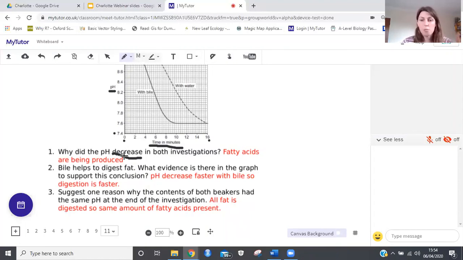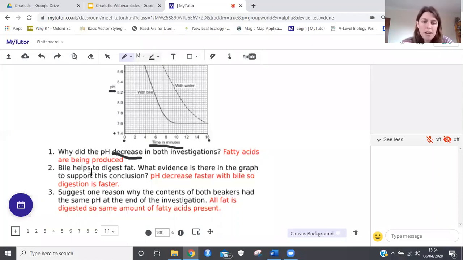When lipase works on the fats that are in milk, it breaks them down into fatty acids and glycerol. Fatty acids themselves are quite acidic, as it suggests in the name, and so they're going to lower the pH as they're produced. So it'll become more and more acidic.